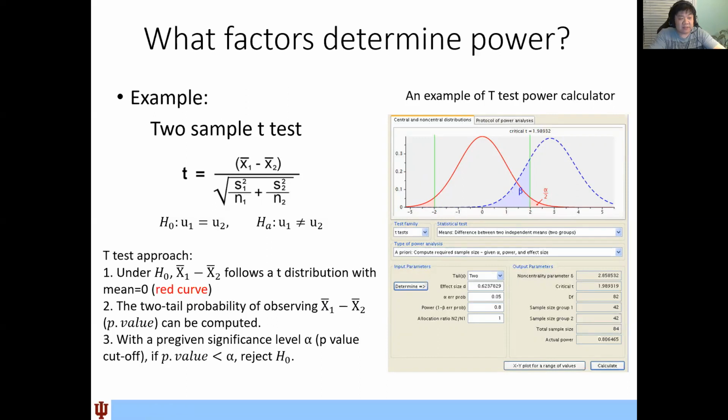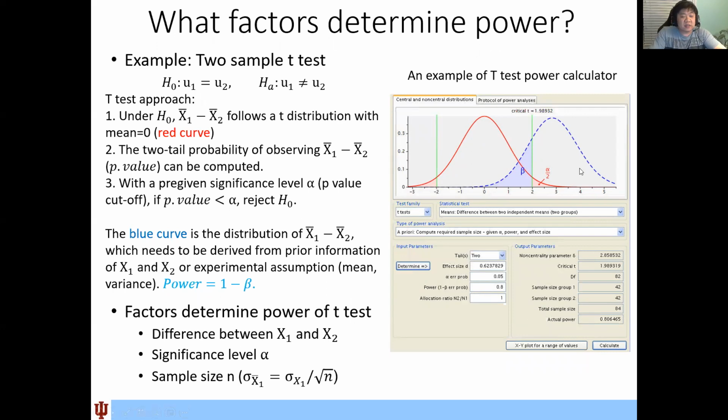Please keep in mind that the statistical power shows the capability to reject the null hypothesis when the null hypothesis is not true, is false. So we need to describe, based on our assumption or prior experimental information, how H0 is not true.